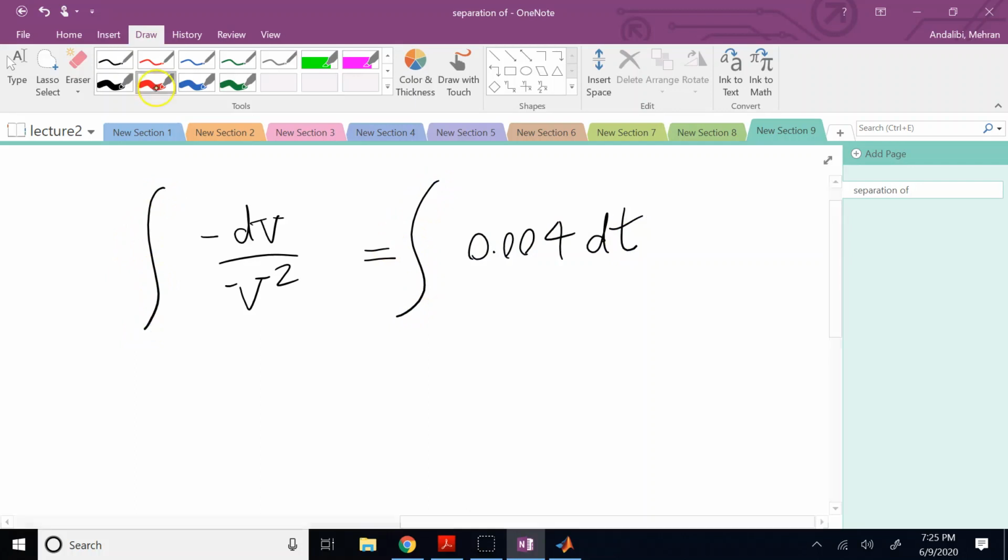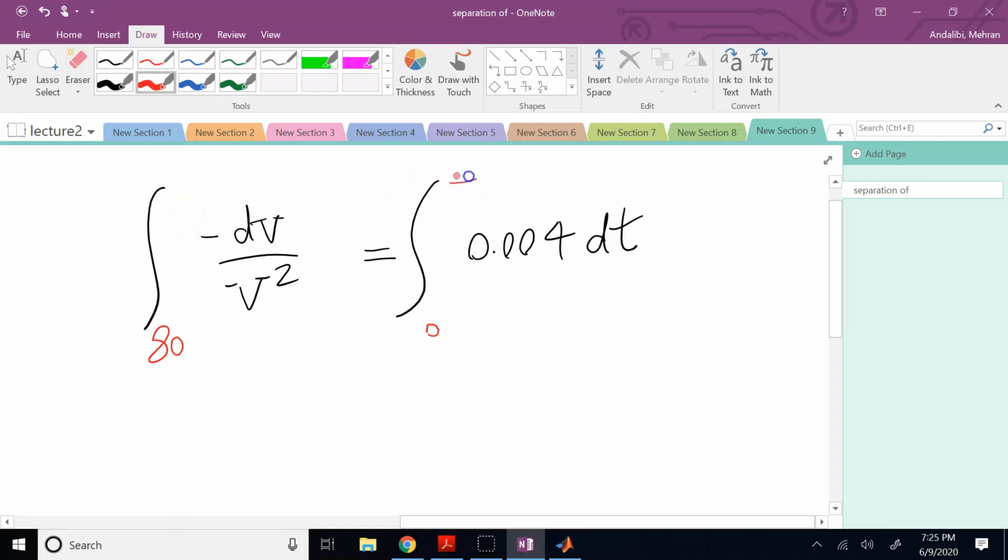This is what we had. Now, the initial velocity is 80, right? And this time is the initial time when it lands, it hits, so 0. Then instead of using constant numbers for the upper limits, I use arbitrary parameters.